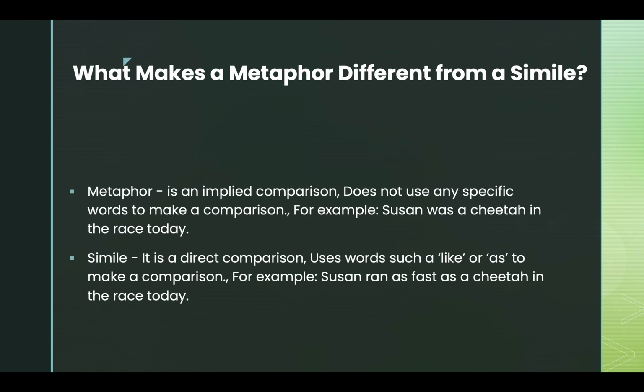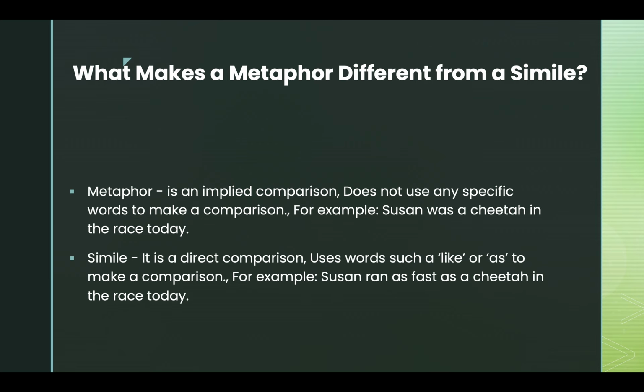Let's look at the difference from a simile. With a metaphor, it's an implied comparison. You're not saying outright that this is like that. The metaphor does not use any specific words to make the comparison. For example, Susan was a cheetah in the race today. Susan is being compared to a cheetah in terms of the characteristics of a cheetah.